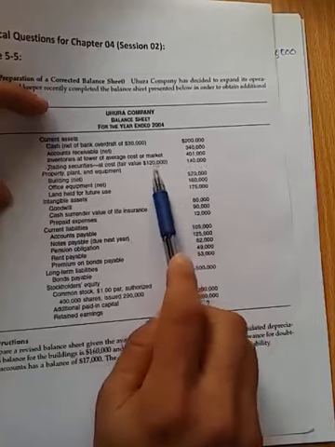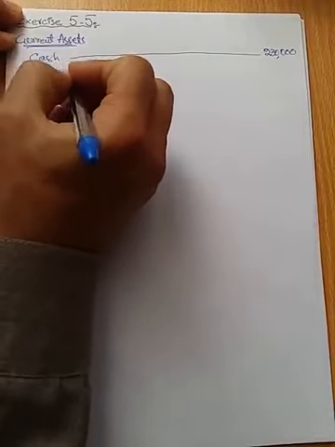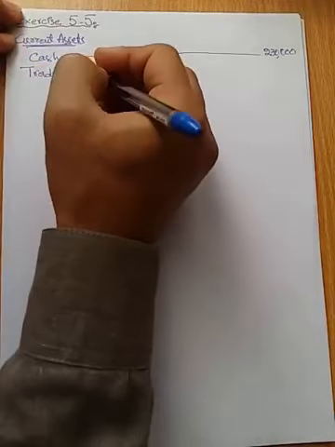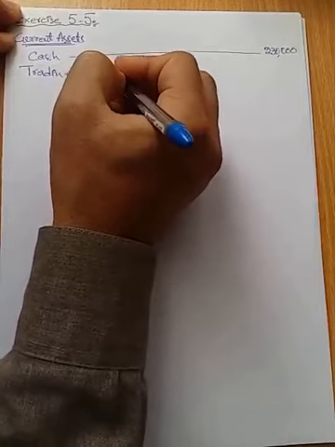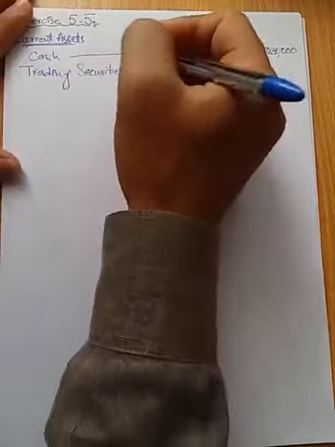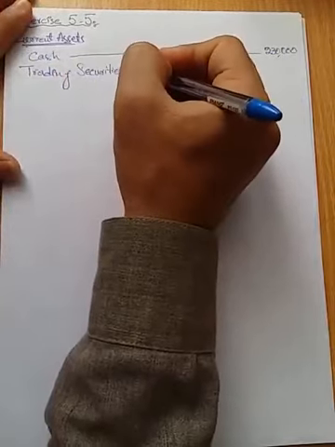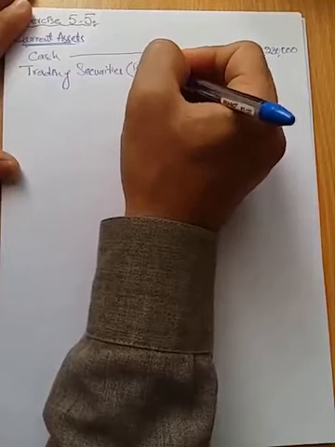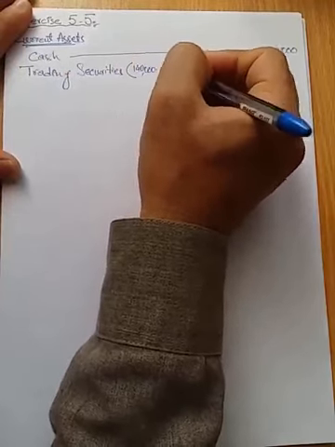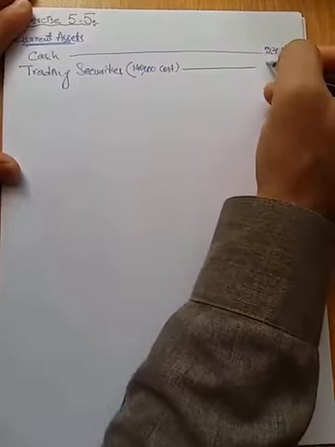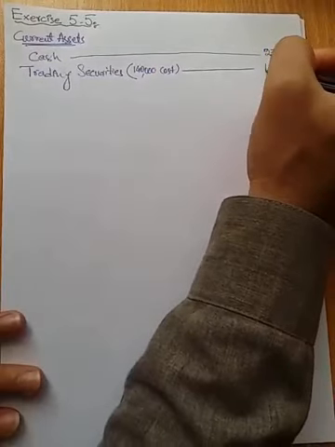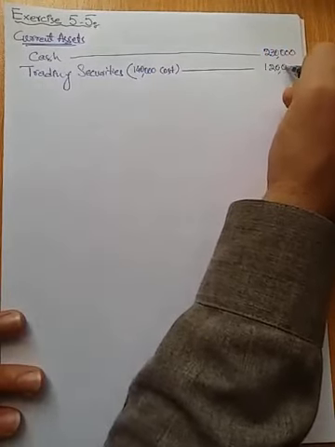Remember this, 140 and 120. I will write here trading securities, and we purchased them at $1,40,000, which was the cost, but now as per the fair market value, its value is $1,20,000.